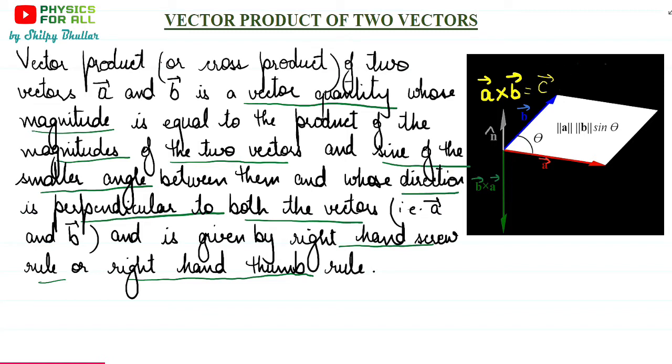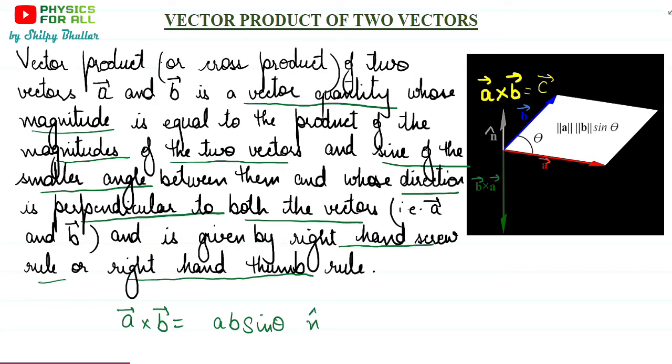It is a new vector, obviously, a vector C. Often we write A cross B, or in terms of small a and small b as the vectors, this A cross B is equal to AB sine theta n cap.